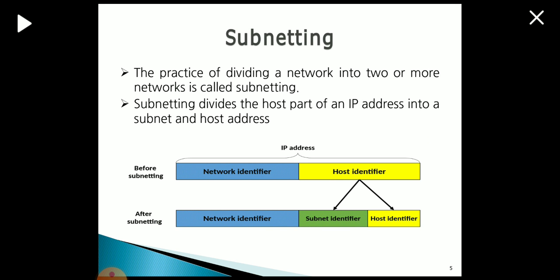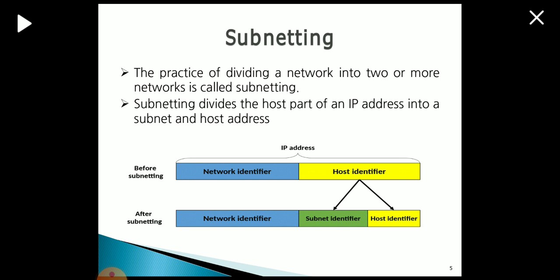Now what is subnetting? The next process we perform in classful IP addressing is subnetting. Subnetting is the practice or procedure of dividing a network into two or more networks. Subnetting divides the host part of the IP address into subnet and host address.